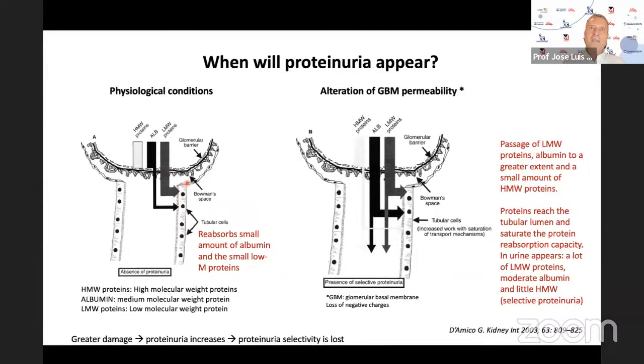But when there is an alteration in the permeability of the glomerular basement membrane, low molecular weight proteins, albuminuria, and to a greater extent small amounts of proteins pass. This passage of low molecular weight proteins and albumin leads to a high degree of proteinuria.